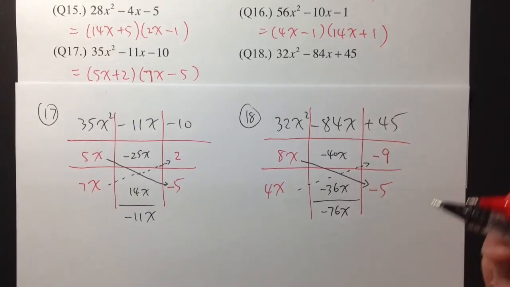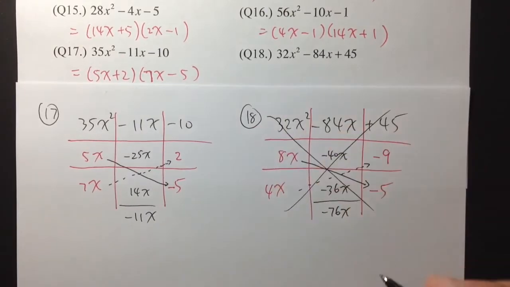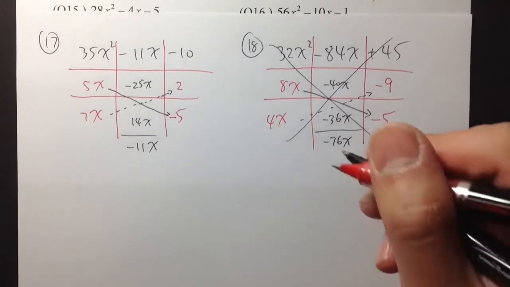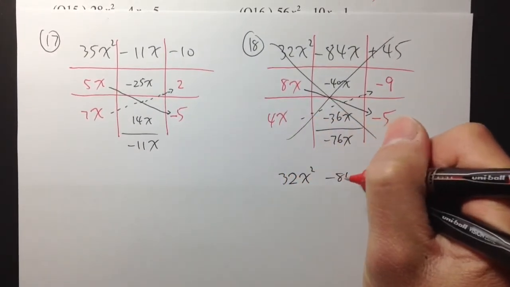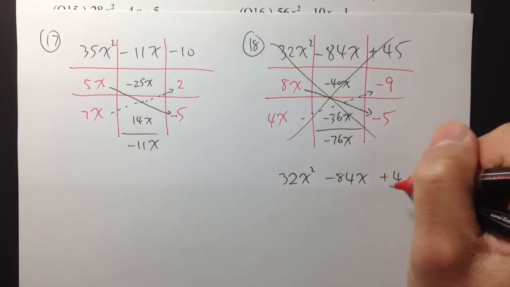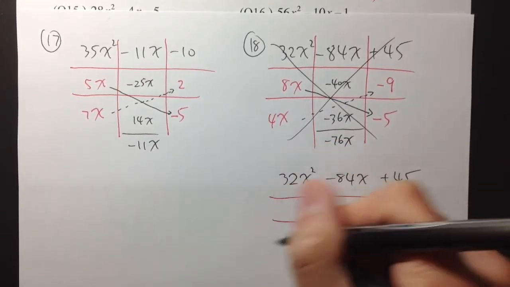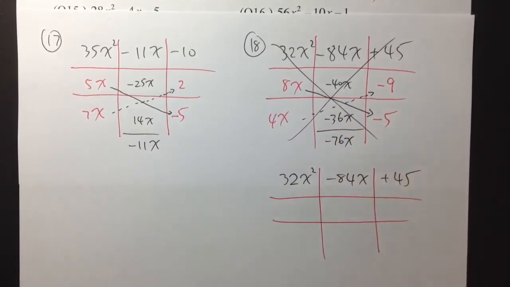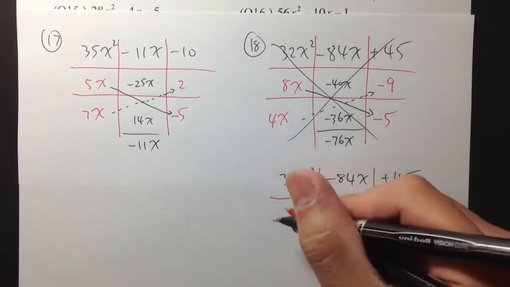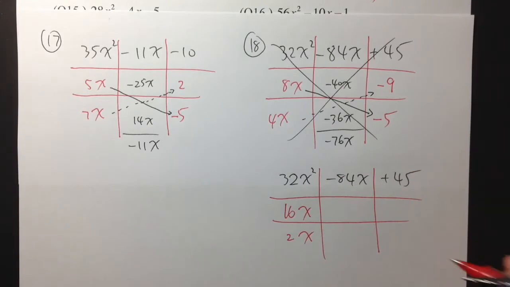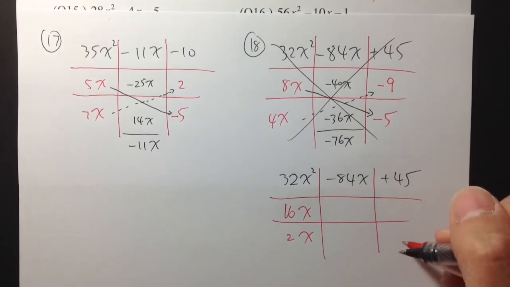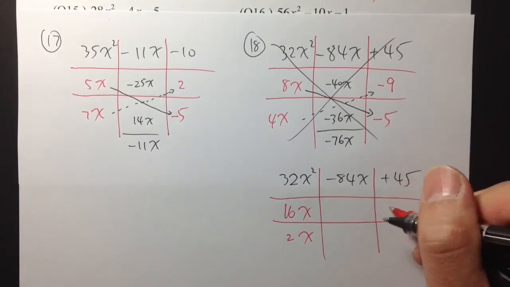So we need to try another combination. Okay, 32x squared minus 84x plus 45. Let's see, maybe I will try 16x and 2x. And if I put a 9 and 5 right here, will that work?